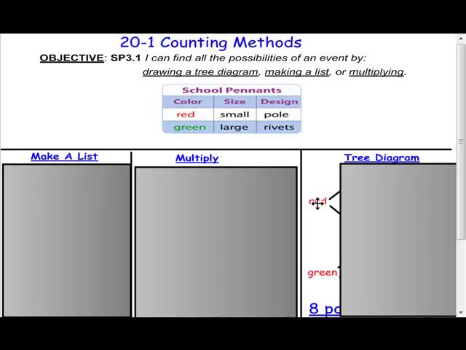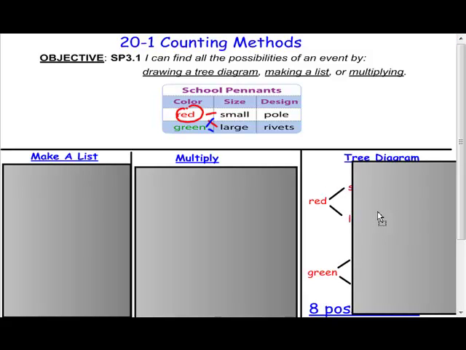So we write down our first choice and our second choice, and we say, okay, with my first choice, I choose red, but now I have 2 choices, so I need 2 branches. All right, so I'm going to write 2 branches. And if I chose green, I would still have 2 choices off that. So I need 2 branches off of green. So that's why I wrote these down with 2 branches off of each one.